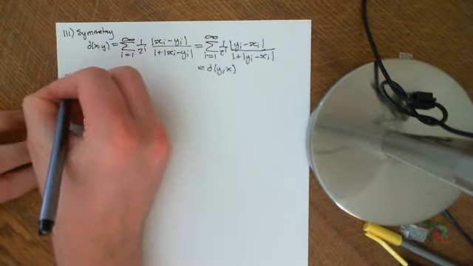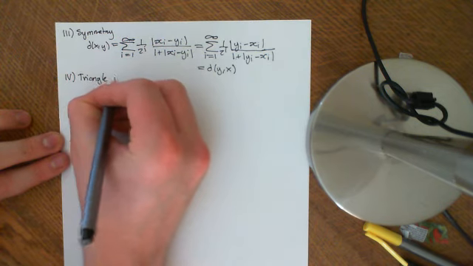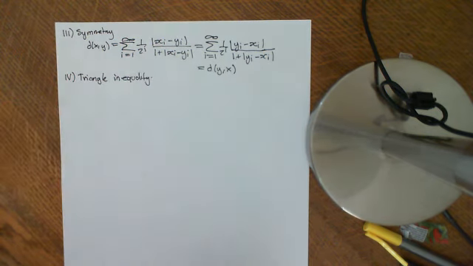Now, finally, we're going to do the triangle inequality, and this is the only non-trivial one. Okay, so this looks like a bit of a monster to do, but there is going to be a nice trick that is going to help us solve this problem.